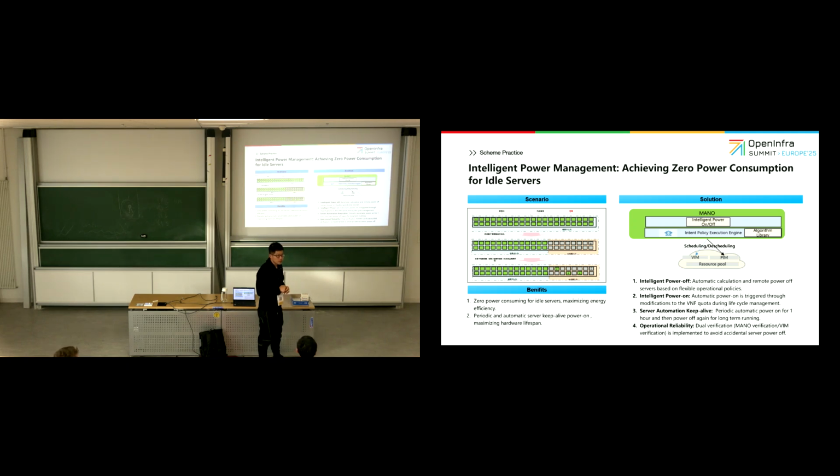To make sure that you will not affect your business, you need to periodically keep them alive: power them on, check that everything is fine, then power them off. We also have some reliability features to make sure there is no accidental power off and all servers are in a good state.